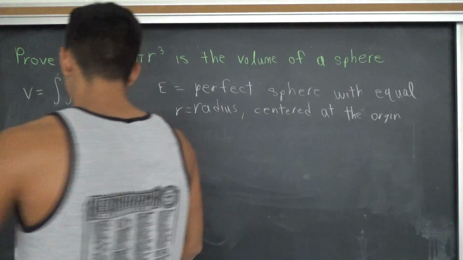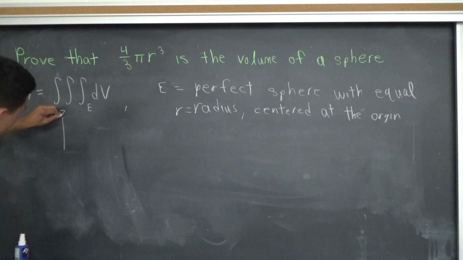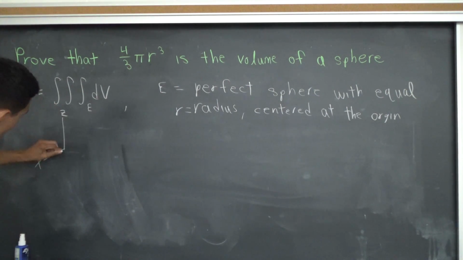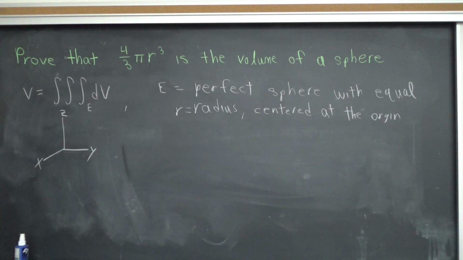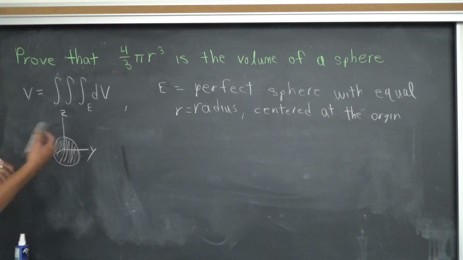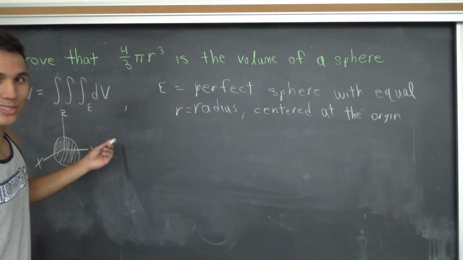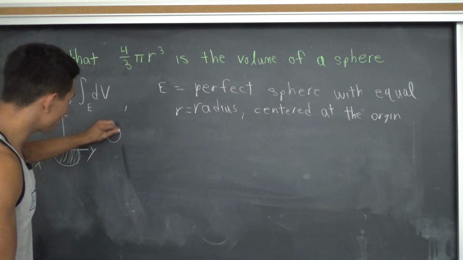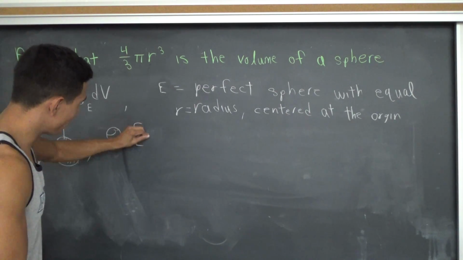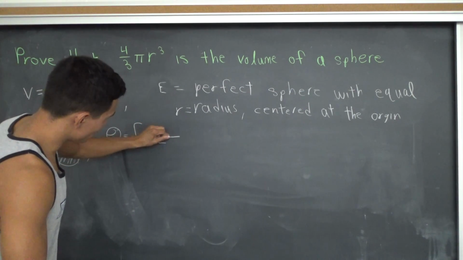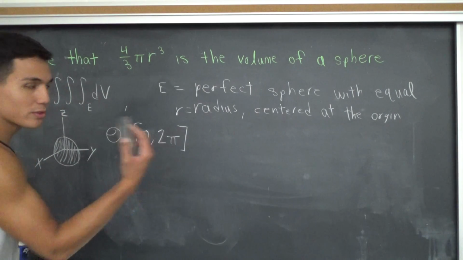So what does it mean? Well, if we draw these axes, z, x, y, our sphere is right here. That's our sphere. If we want to describe how round it is, how circular it is, we use the variable theta, and theta is bounded from 0 to 2 pi, so it fully goes around.